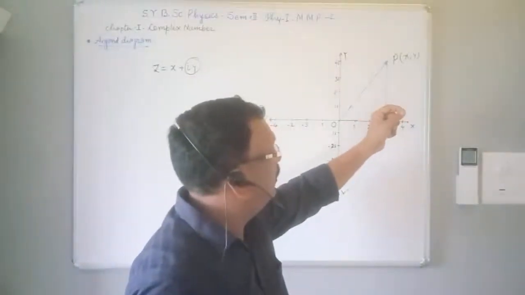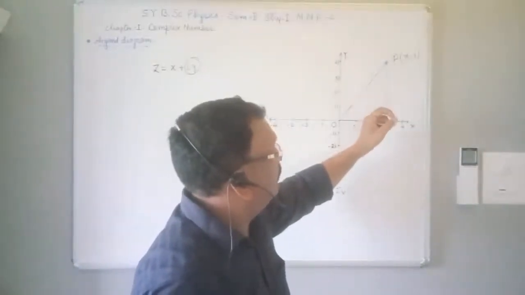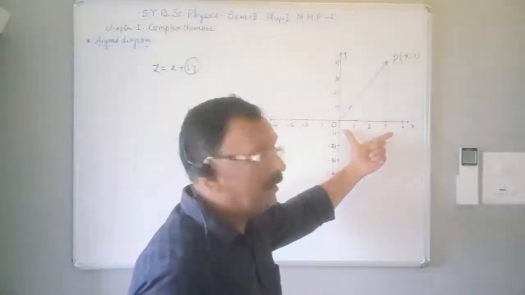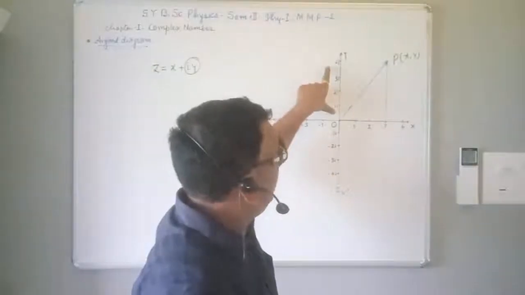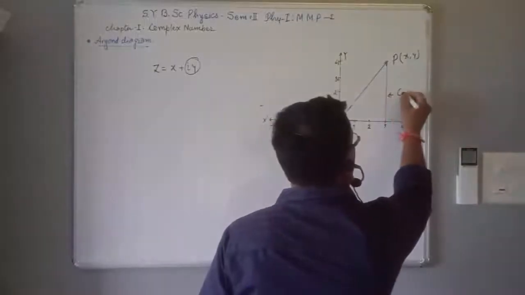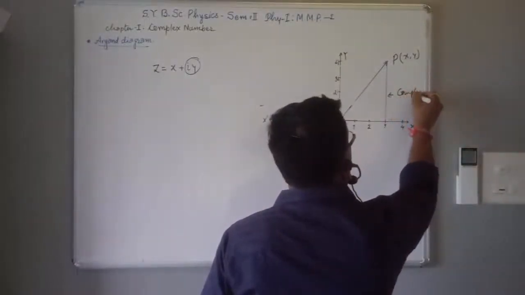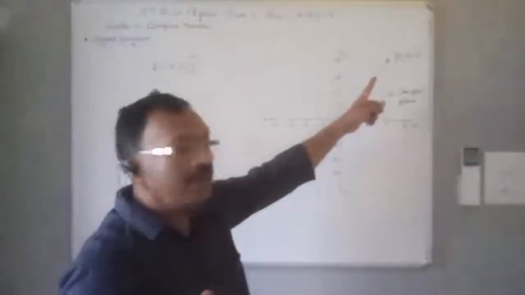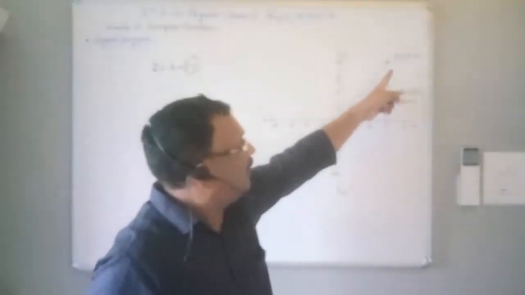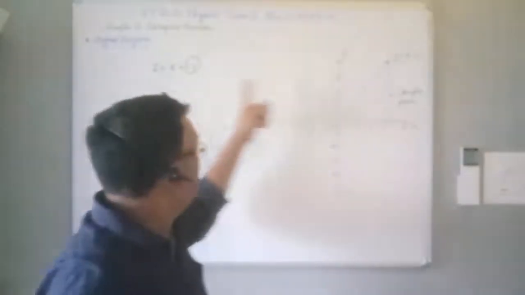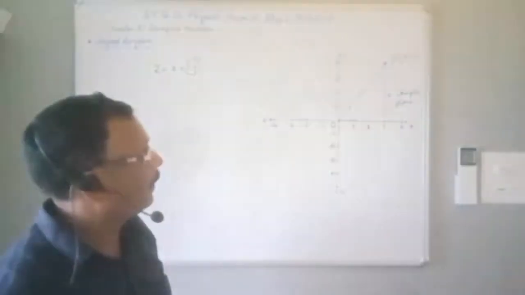But first of all, we have to see what is complex plane. The plane formed by x-axis and y-axis is known as complex plane. This is a complex plane. And any number represented on this complex plane is nothing but a complex number.